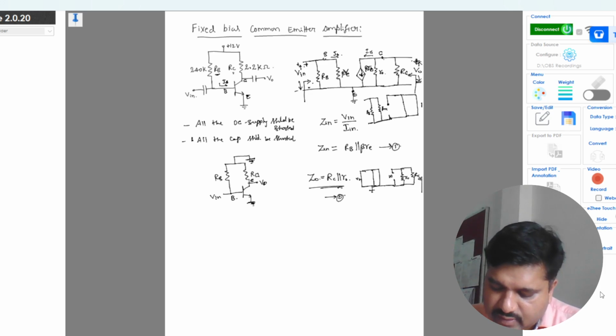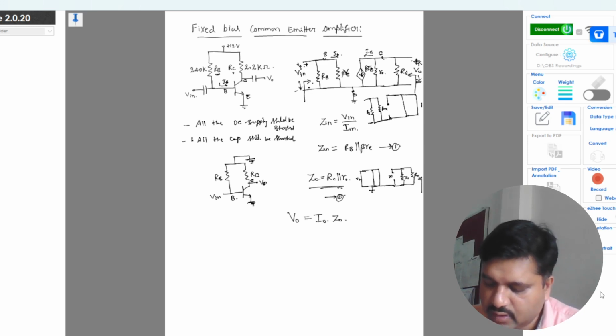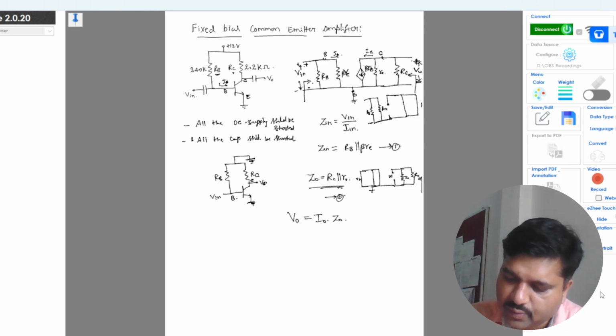Now to find the gain, we will consider the output voltage. Output voltage is equal to output current into output impedance. This is my output voltage, with this terminal being plus, and corresponding to this will be my I0.